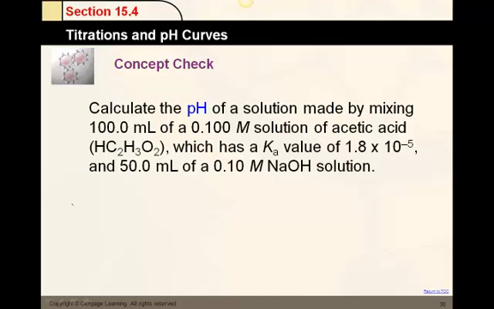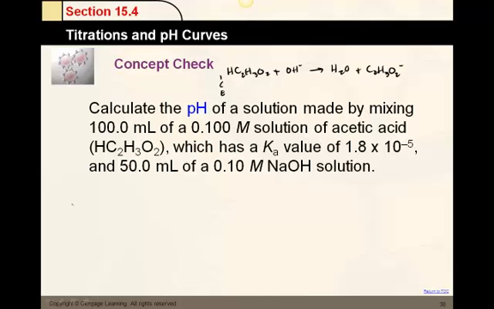So your book will want you to list the major species, figure out the dominant reaction, all of those things. But we already know we have acetic acid and we have OH negative, which is going to form water and C2H3O2 negative.